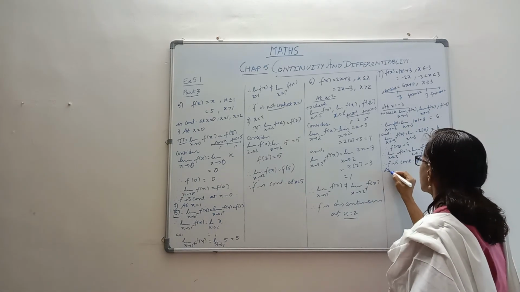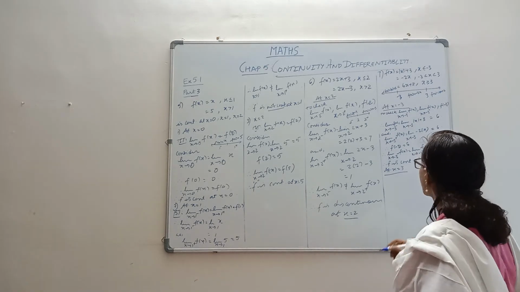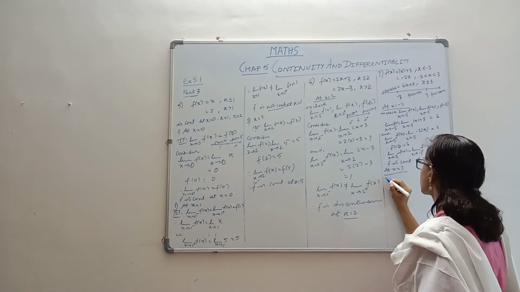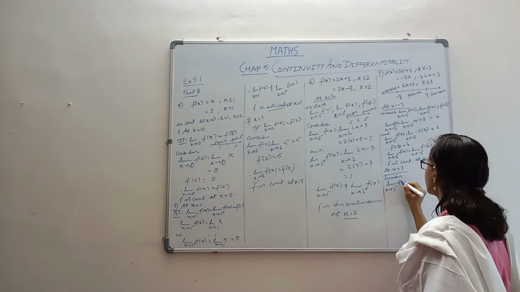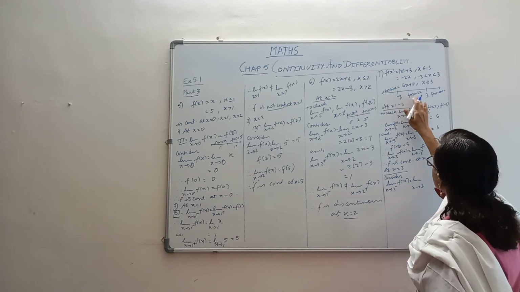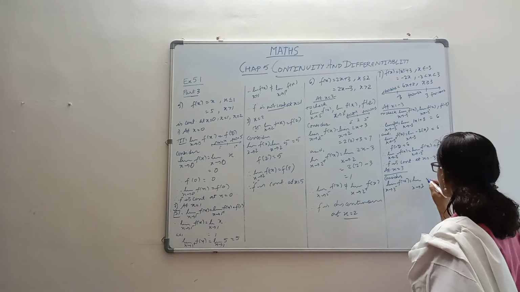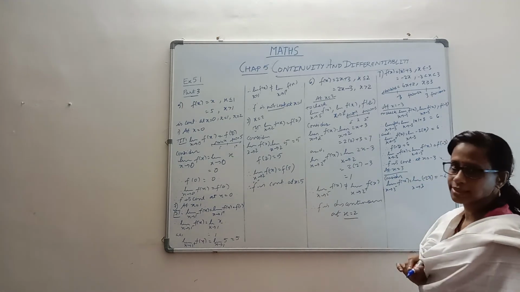Then at x equal to 3, what happens? Let's consider limit as x tends to 3 from the minus side f of x. That means on this side it is going to be minus 2x. So minus 2 into 3, minus 6.